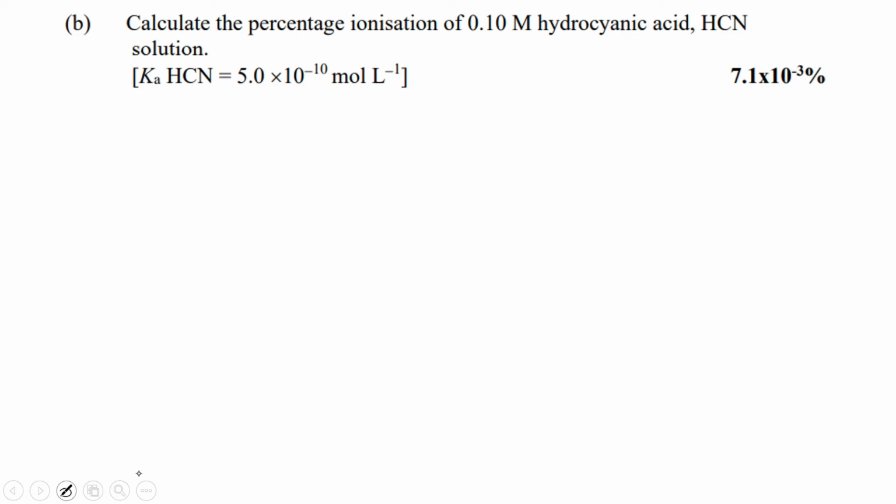Untuk soalan 4B, calculate the percentage ionization of 0.1 molar hydrocyanic acid HCN, diberi Ka sama dengan 5 eksponen negatif 10. Jadi 5 eksponen negatif 10 ini sangat kecil. Jadi kalau nilai dia sangat kecil, maksudnya bila dalam expression nanti kita boleh abaikan x.